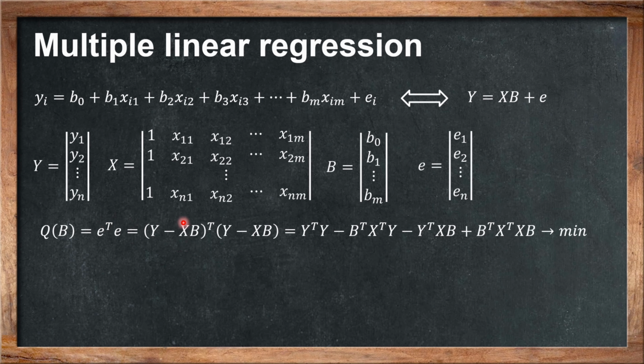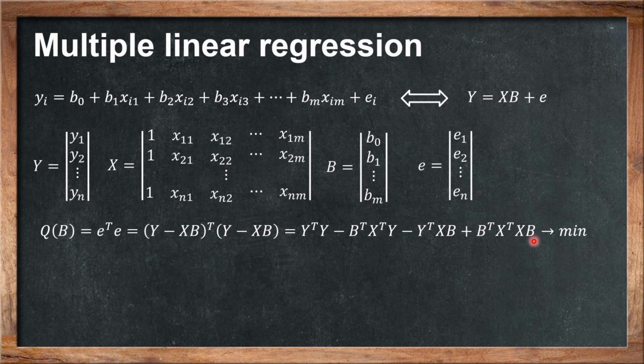And if we remove the parentheses, we will end up with y transposed y minus, you see, if we transpose Xb, according to the rules of linear algebra, we will have b transposed X transposed times y, minus y transpose times Xb, plus b transposed X transpose times Xb.